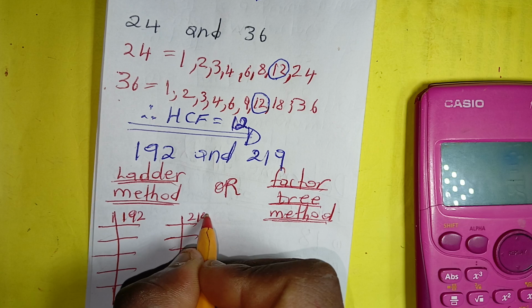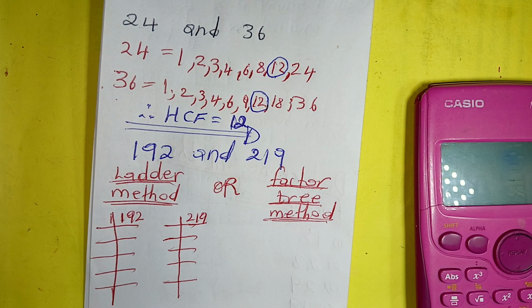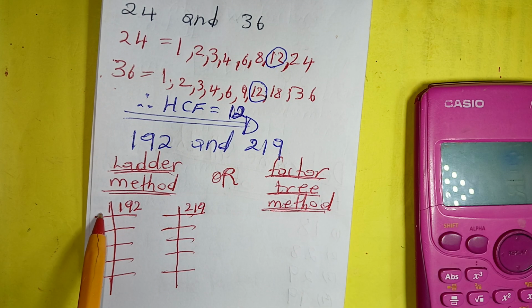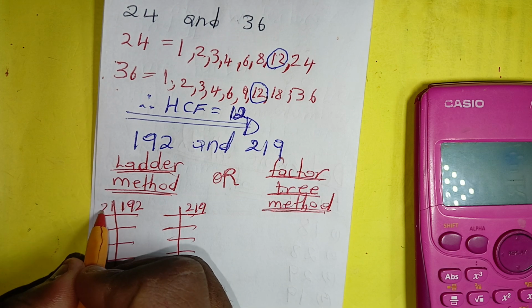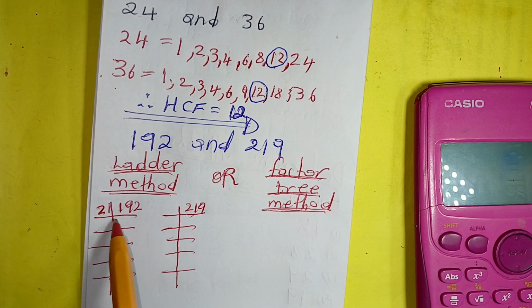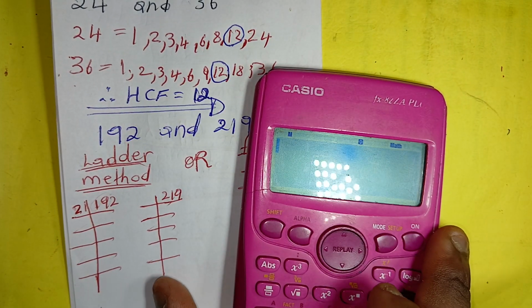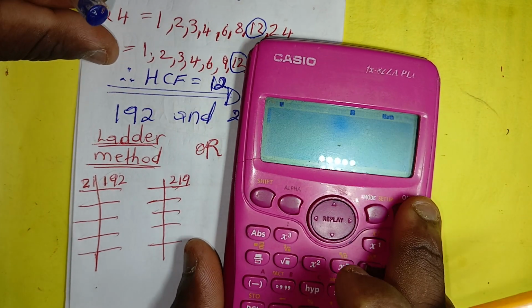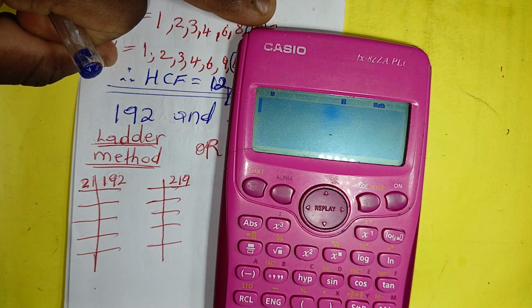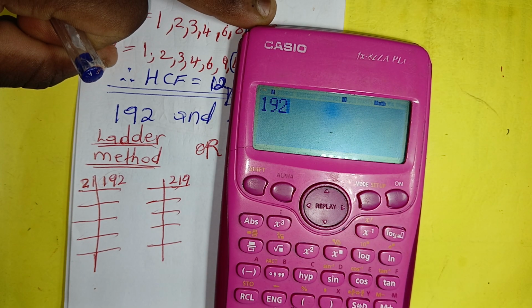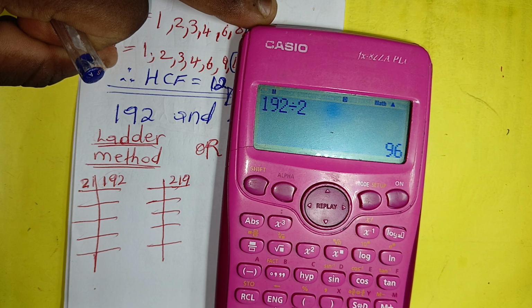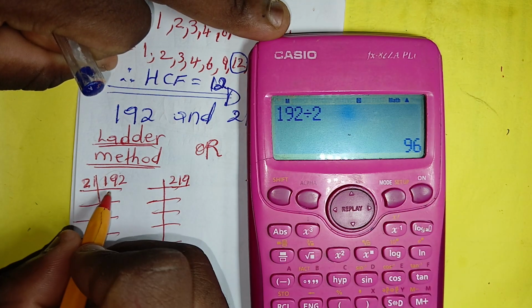Then here, write that number. Do you see? So okay, now you will start from 2 here. So use your calculator. We'll just say 192 divided by 2.